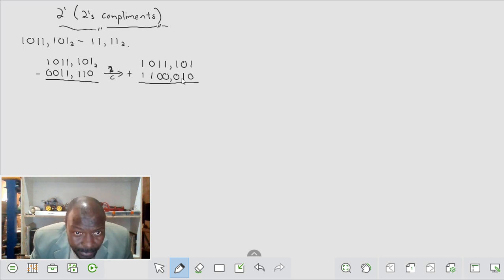Now for 2's complement, the number stays the same from right to left up to the first one. Then you do 1's complement of the rest. So that will be 0 0 0. It's 3 zeros, 1 2 3, then 1 1. So we are okay there.